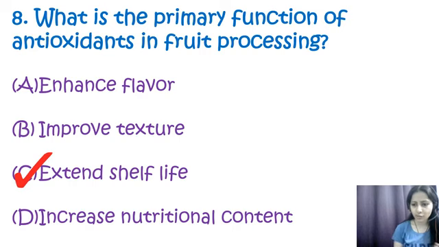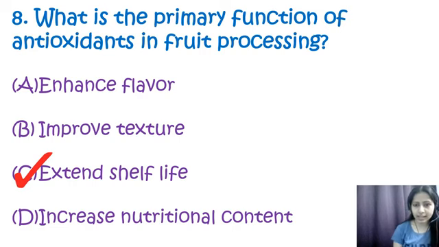Antioxidants in fruits and vegetables, what do they do? They scavenge the harmful free radicals, and they protect against oxidation. Even it improves the nutritional content or value, and it prevents food spoilage. One thing you should note over here is that they also help to slow down the discoloration of fruits and vegetables.